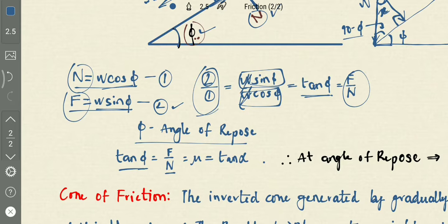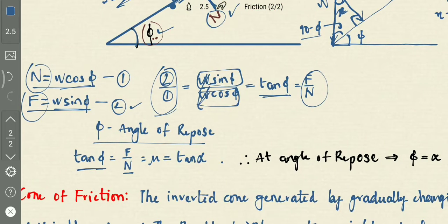and we have seen in angle of friction that F by N is the coefficient of friction, which is equal to tan alpha.